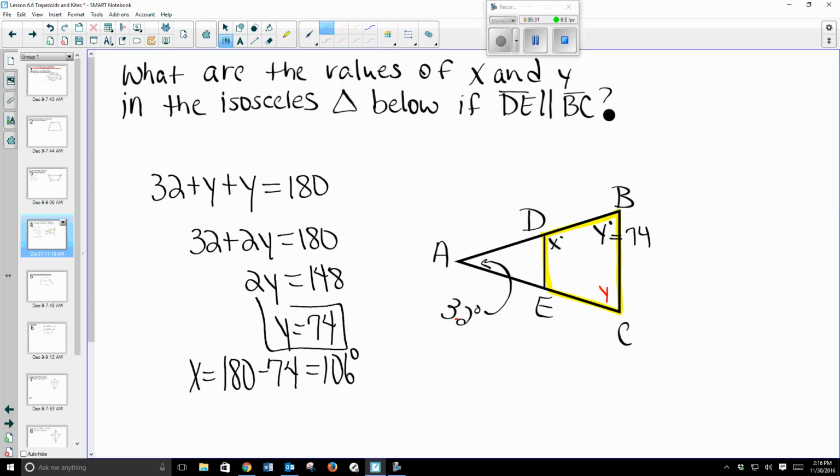So y is 74 and x is 106. Does that make sense? That one was a little more complicated than the others, right? Because you have a triangle and a trapezoid.